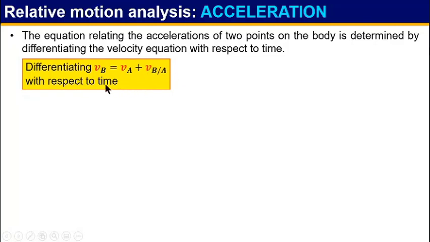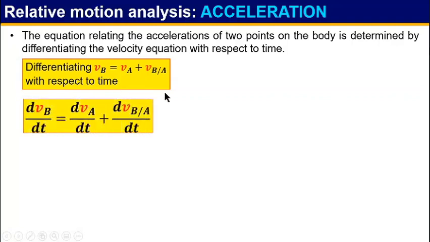So this is the relative velocity equation, VB equals VA plus VBA. Now, let's differentiate this equation with respect to time to get acceleration: dVB/dt equals dVA/dt plus dVBA/dt. So this is the differentiation process of the relative velocity equation.